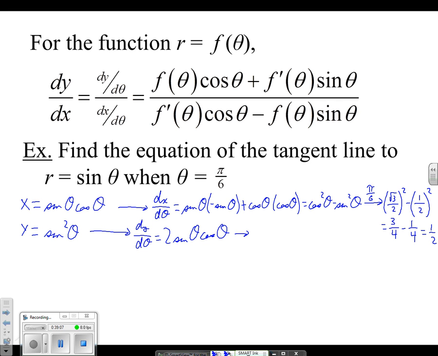If I evaluate dy over d theta at that same point, I would get 2 times the sine of pi over 6, which is 1/2, times the cosine of pi over 6, which is root 3 over 2. So that simplifies to just root 3 over 2.